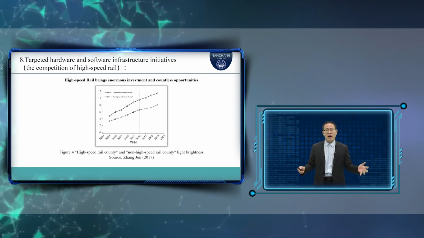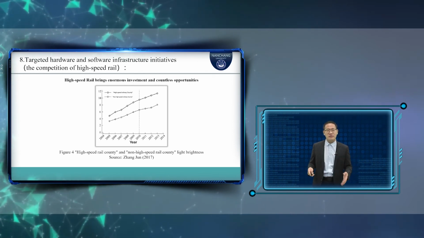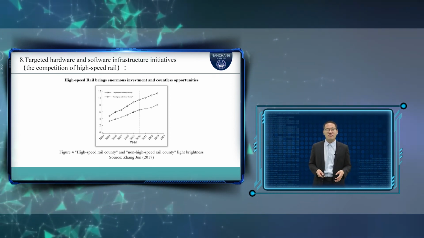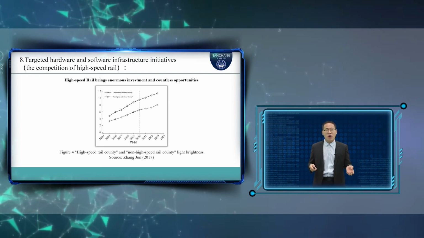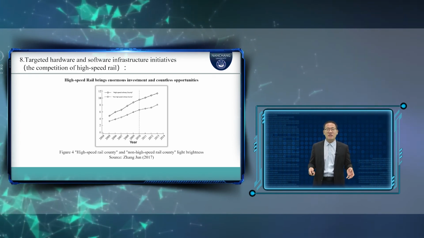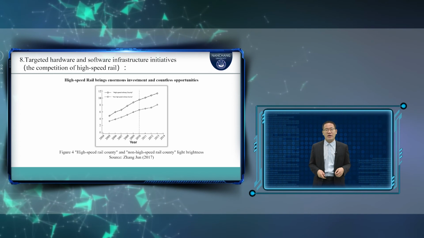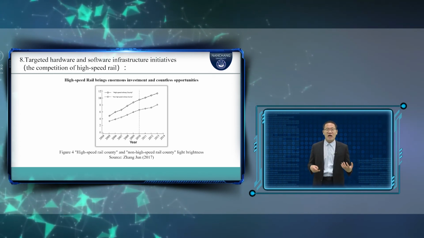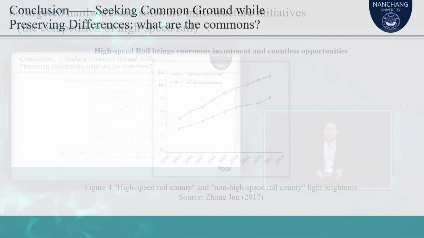Moreover, combined with the data of industrial enterprises, it was further found that the improvement of transportation infrastructure had brought more enterprises to enter the local area as well as capital inflows, and the improvement of the average efficiency of enterprises.